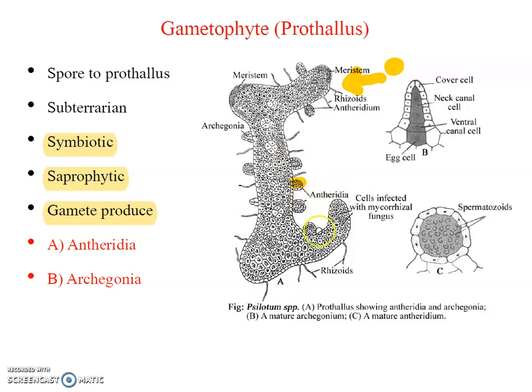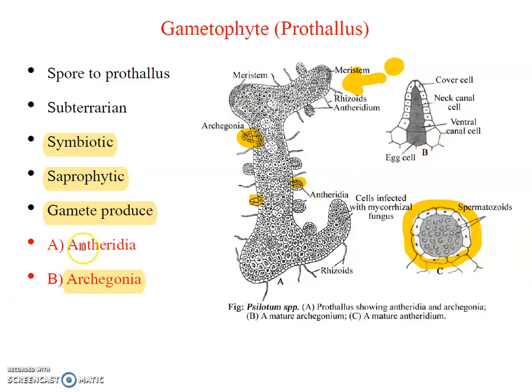Antheridia are spherical in structure and grow on the upper surface of the prothallus, while archegonia are flask shaped. This is the archegonia, the flask-shaped female reproductive organ. So male and female reproductive organs develop on the prothallus.